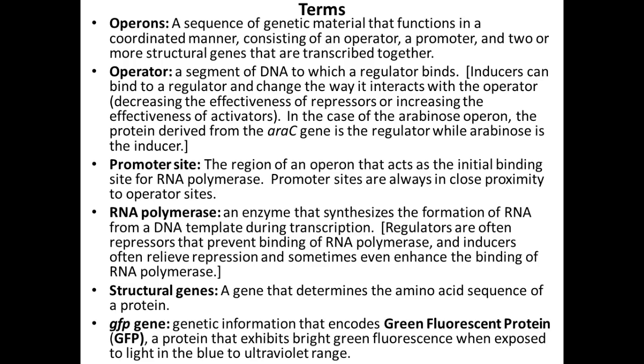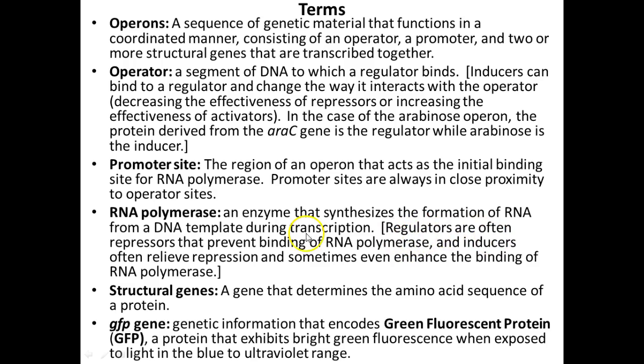What this system does is it usually blocks the promoter site or makes the promoter site available, depending on whether you're talking about repression or activation. So as I said, RNA polymerase is the enzyme that actually makes the RNA from the DNA template.